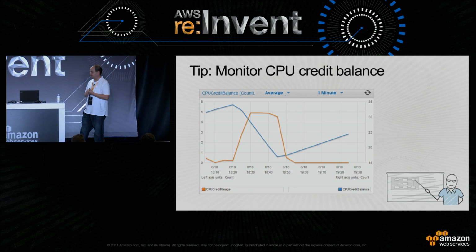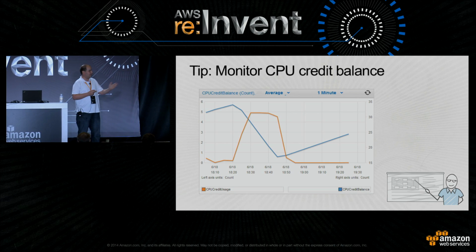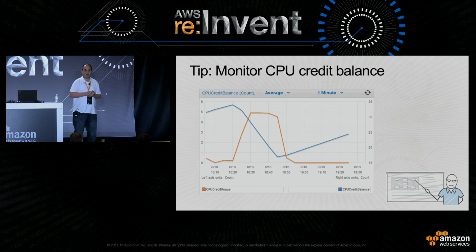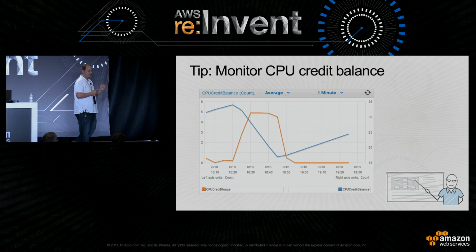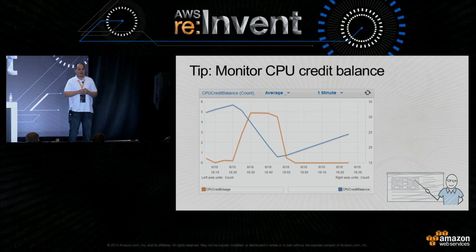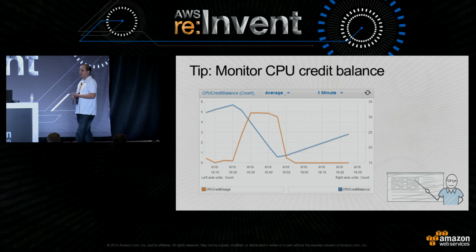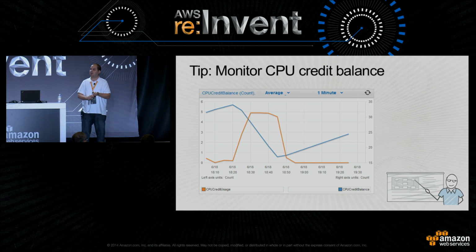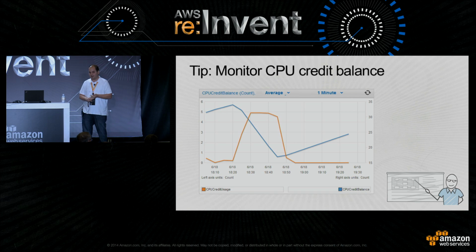So this is a CloudWatch graph that I borrowed from Jeff Barr's blog that just shows you the mapping of instance credit usage versus the size of the bucket.